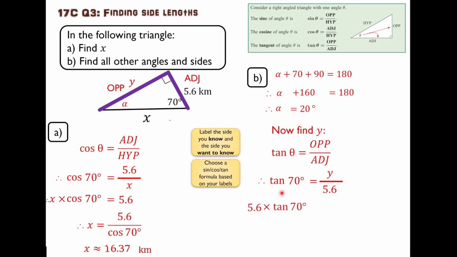So therefore, 5.6 times tan 70 equals, what's the only thing remaining on this side? Just Y, that's the only thing that's left. And if you put this in your calculator, 5.6 times tan 70 degrees, you should get an answer that's approximately equal to 15.39.